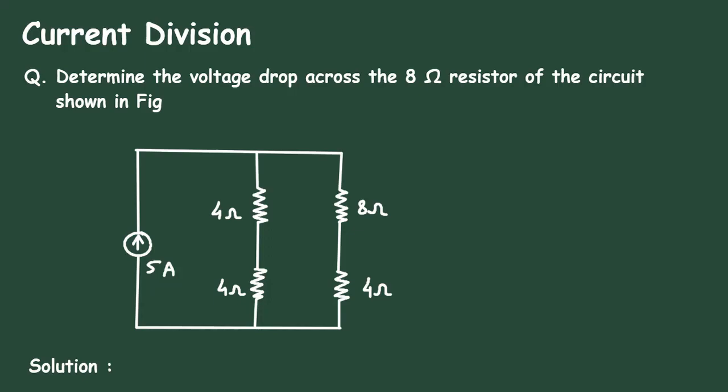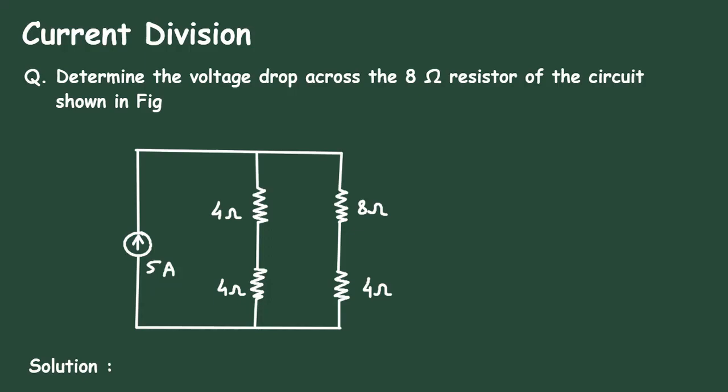Now we got the value of this resistance R. So we can easily find the value of I1 and I2. Since they are connected in parallel, the voltage across them will be the same. So I1 is equal to V divided by R1.